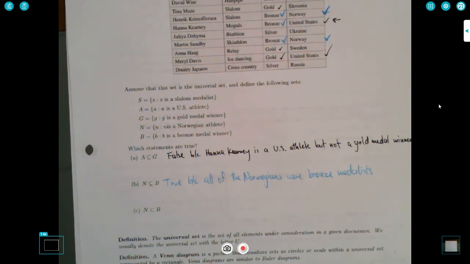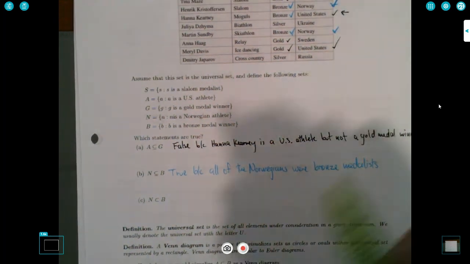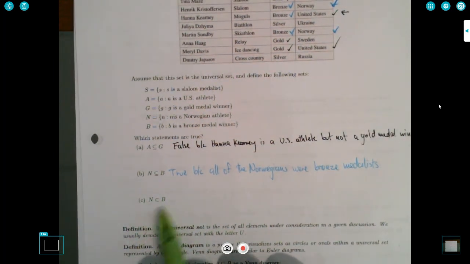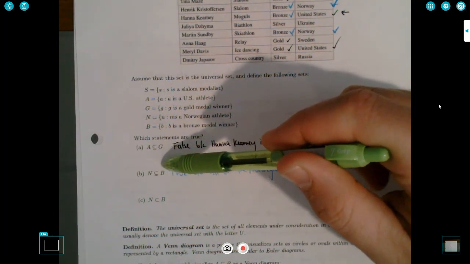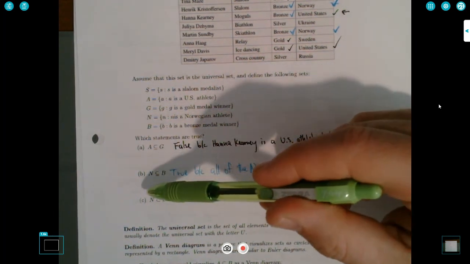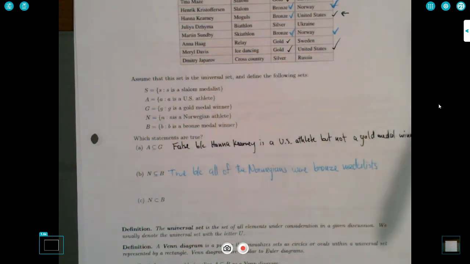Okay. And then part C. Part C asks, is N a proper subset of B? Well, in order for N to be a proper subset of B, we need for N to be a subset of B, which we know it is, but then we also need N and B to not be exactly the same set. And they're not, right?